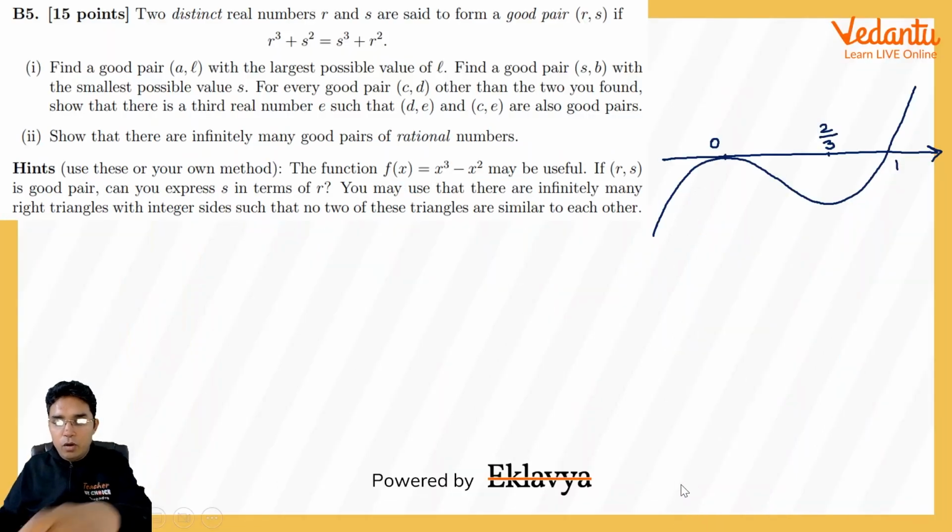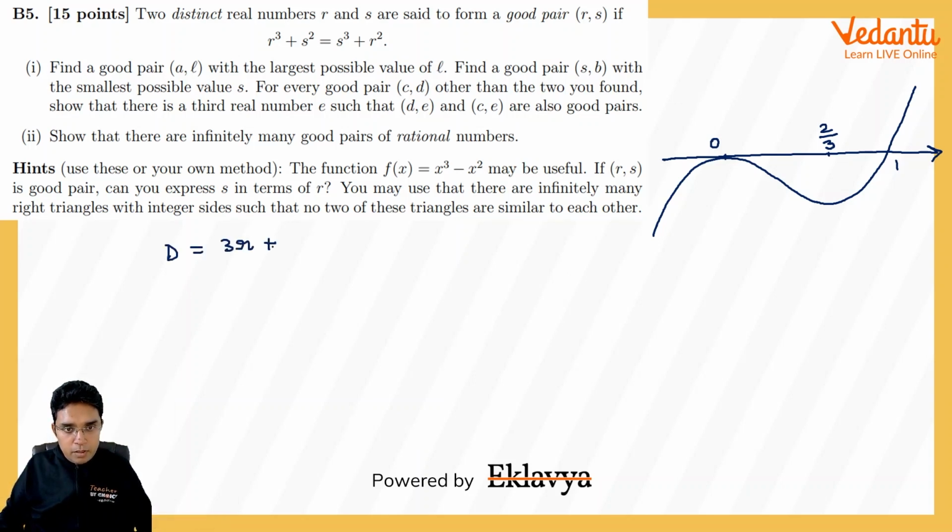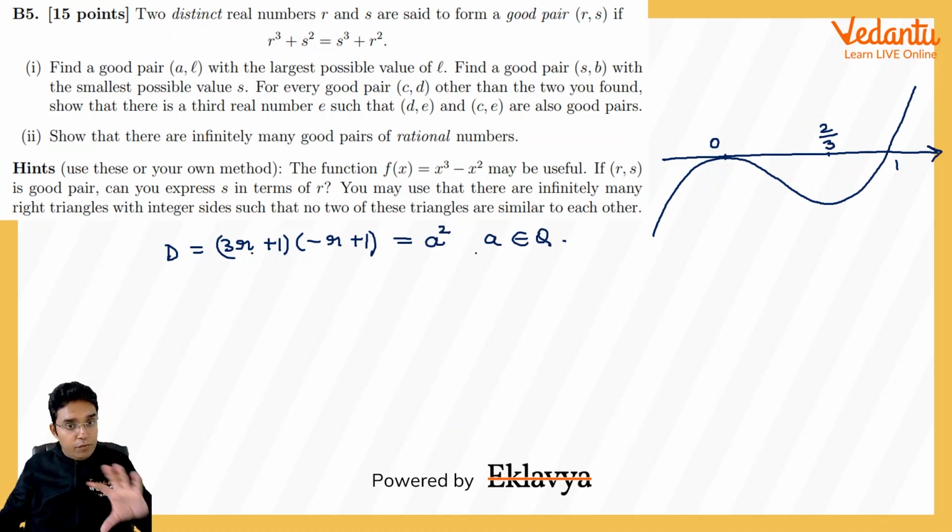So what we have got here is that D came out to be (3r plus 1) into (minus r plus 1), and we want this discriminant to be a perfect square of some rational number a. Now please try to understand, in order for this to become a perfect square, one of the choices could be that 3r plus 1 becomes equal to b square times (minus r plus 1), where b is also some rational number.